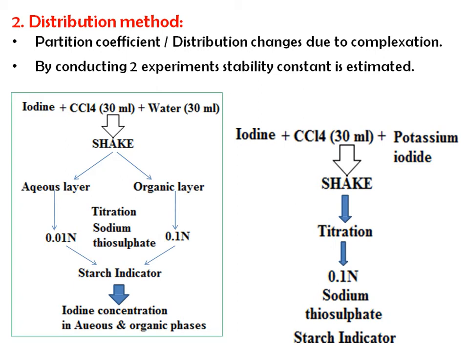And the concentration of iodine in the aqueous and organic phase you can determine, means how much it is distributed into the aqueous layer and how much into the organic layer, so that can be calculated.